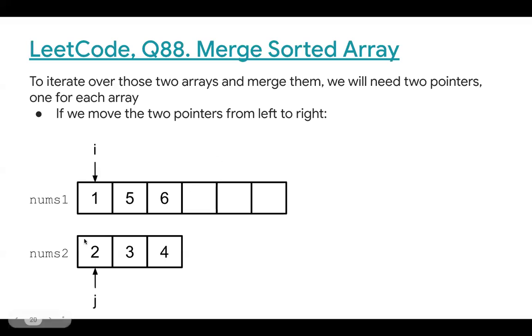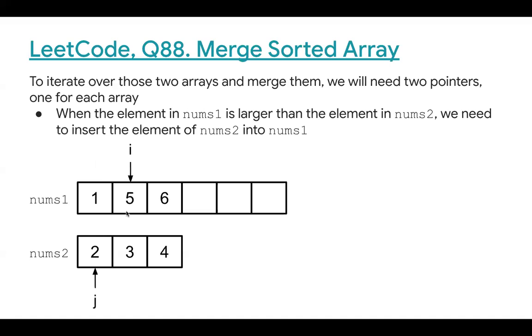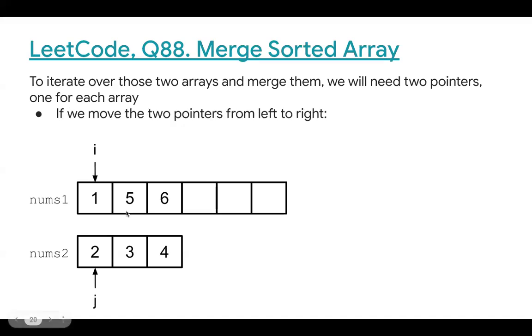So I use i and j here, both of them go from left to right. So let's see what's going to happen here. i first points to the first element in nums1, j points to the first element in nums2. We compare these two elements, and 1 is smaller than 2, right?